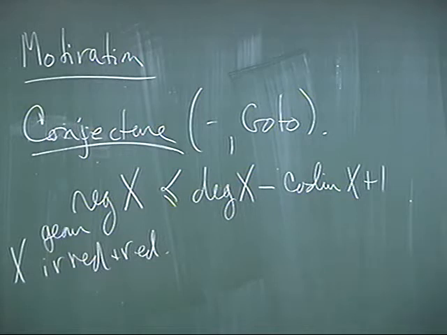It's known for smooth surfaces and, by work of Sijong Kwak, for smooth threefolds in P^5. And it's known for toric varieties of codimension 2, for example, by work of Sturmfels and Peeva. There are a number of other very special cases which are known, but in general this is wide open.